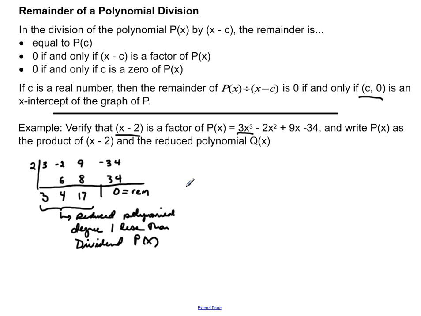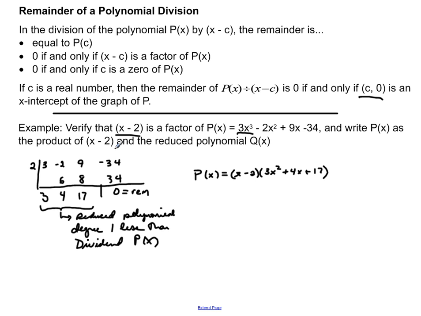Right? So what we will say then is that p of x is equal to the product of our factor x minus 2 times the reduced polynomial of 3x squared plus 4x plus 17.